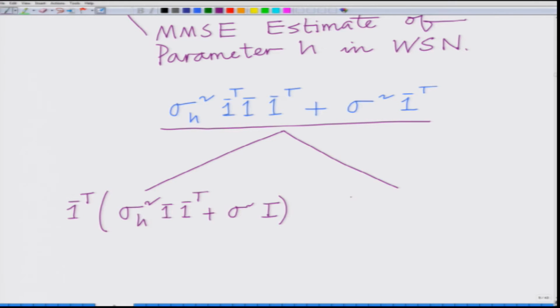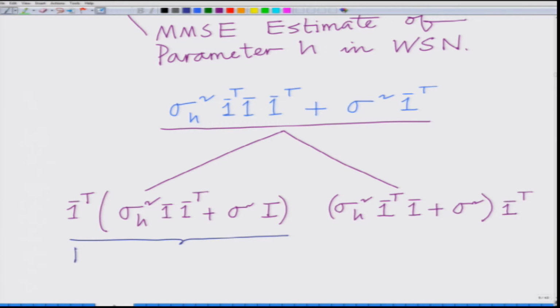This is the expression I get by taking 1 bar transpose common on the left. Now, I am going to take 1 bar transpose common on the right, and then what I get is sigma h square 1 bar transpose 1 bar plus sigma square times 1 bar transpose.